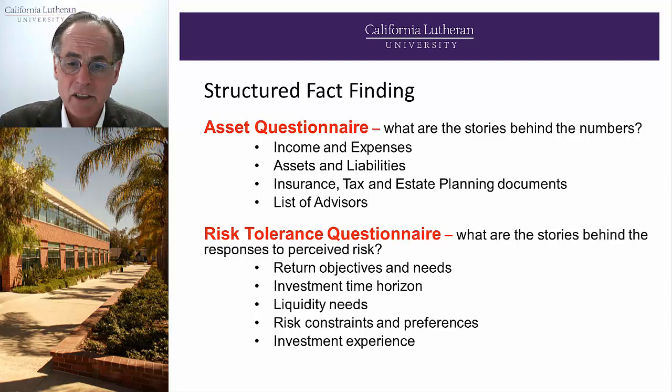Topics generally addressed in risk tolerance questionnaires are return objectives and needs, investment time horizons, liquidity needs, risk constraints and preferences, and investment experience. You will probably want to customize the questionnaires as needed for your own clients. A second benefit is that questionnaires get the client thinking about subjects prior to your interview session.